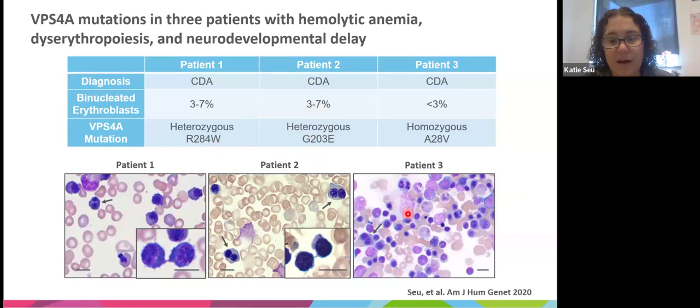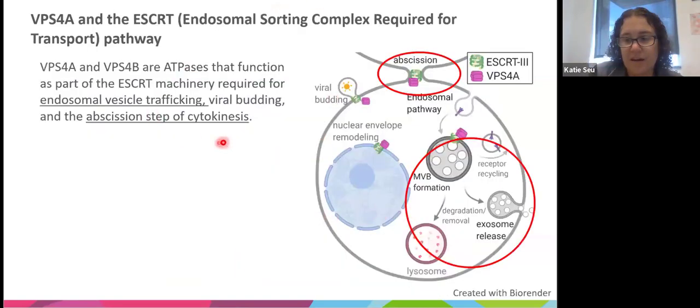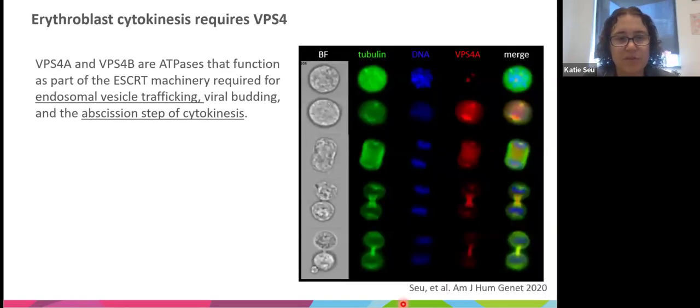This is a component of the ESCRT-III machinery, and it's been implicated to be required for a variety of cellular processes, including the abscission step of cytokinesis, as well as endolysosomal trafficking. So we used the ImageStream to evaluate the localization of VPS4A during erythroblast cell division using cultured human CD34 positive cells initially.